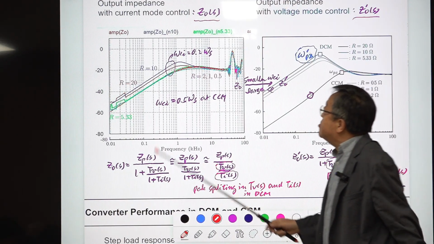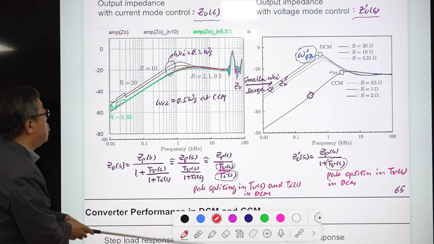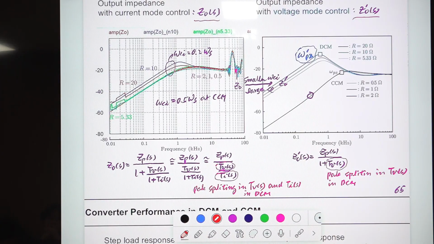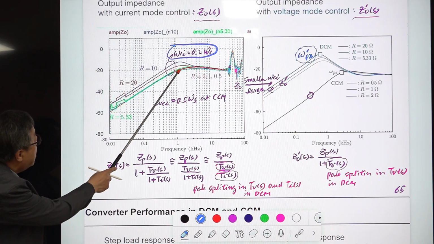Okay, this is the output impedance of the converter with current mode control, but somehow I selected this omega CI as 0.2 omega S. This is a very conservative design. I can go until 0.5, but somehow I selected this. Then this is the CCM case.